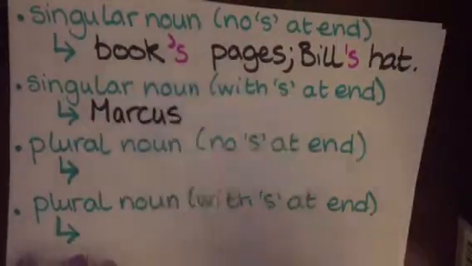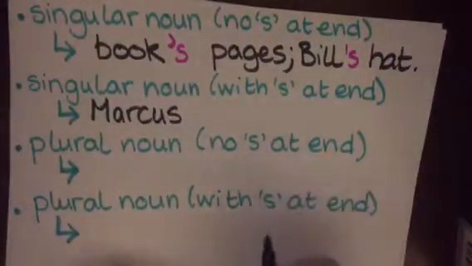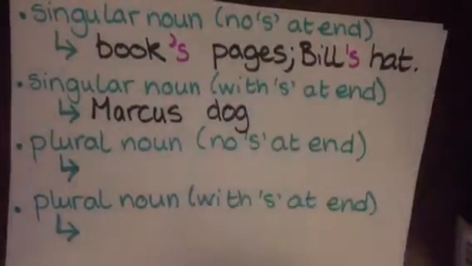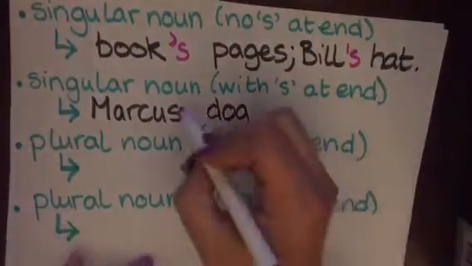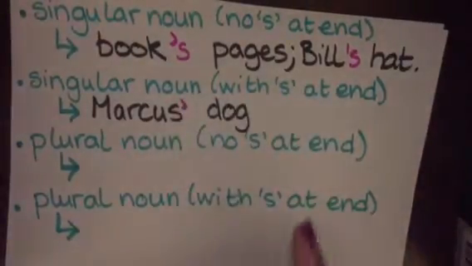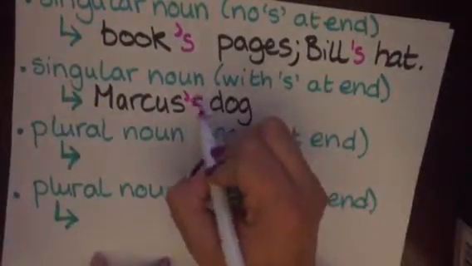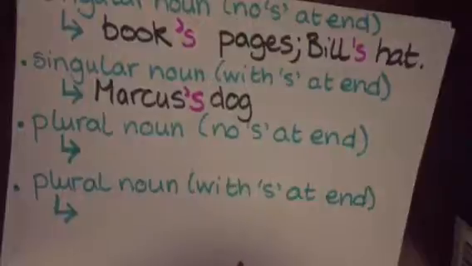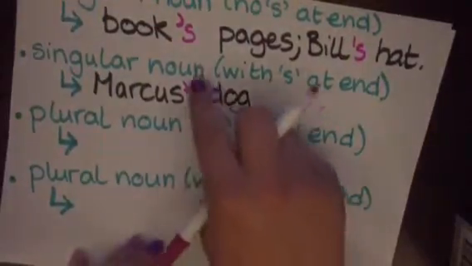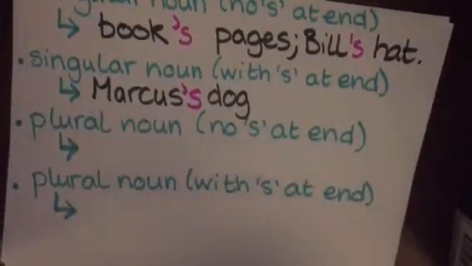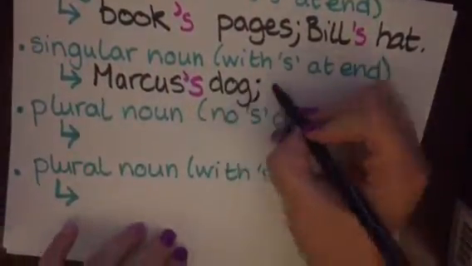Well, Marcus already ends with an S. And if I want to tell you about Marcus's dog, I am going to still add the apostrophe after the S in the name, because that S is part of the name, and I'm still going to add an S. So now we have a double S here, but this one is showing ownership, possession.